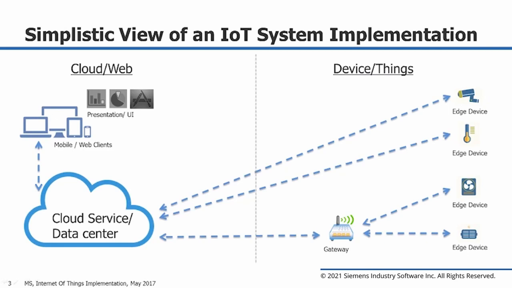This slide shows a simple view of an end-to-end IoT implementation. Although there can be variations, we should be able to relate this model to most Internet of Things implementations, from smart home or consumer electronics to medical or industrial IoT. We'll use this diagram as a basis of our discussion throughout this webinar.